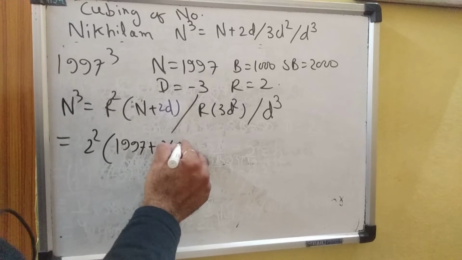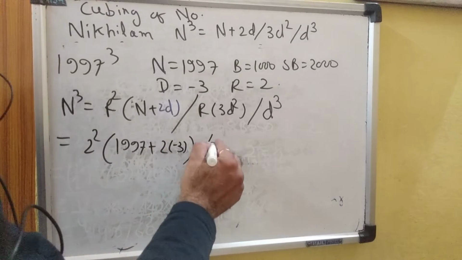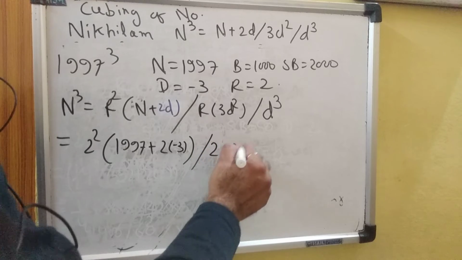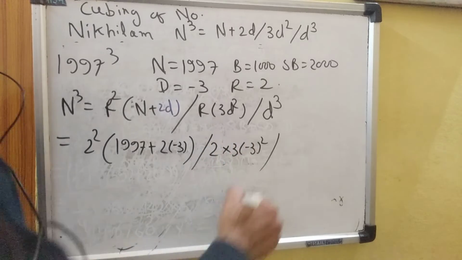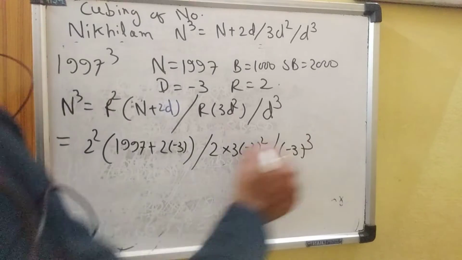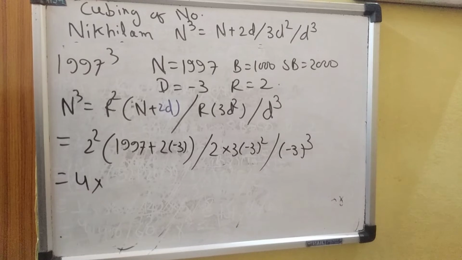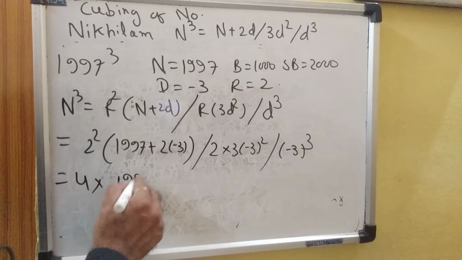Deficiency is -3 here. Mid part is r into 3d square, and rightmost part is -3 cube. So it will be 4 into 1997 minus 6, which is 1991.